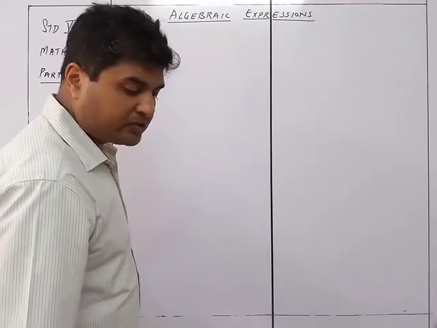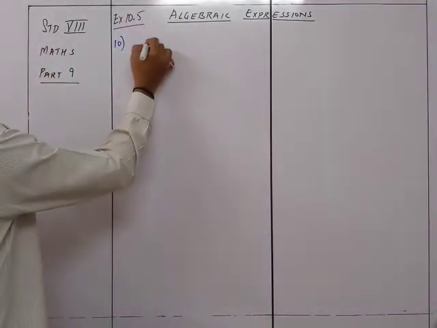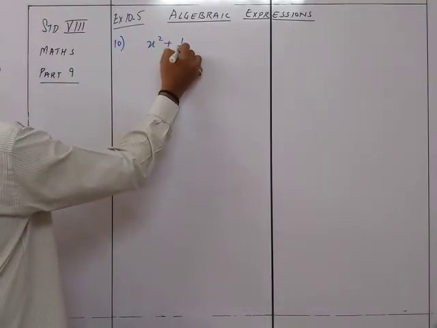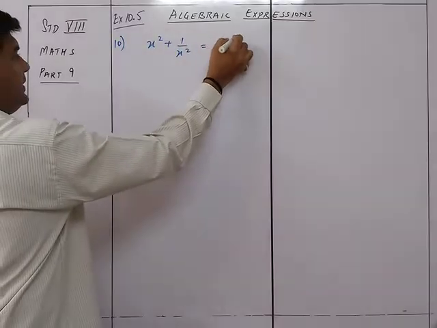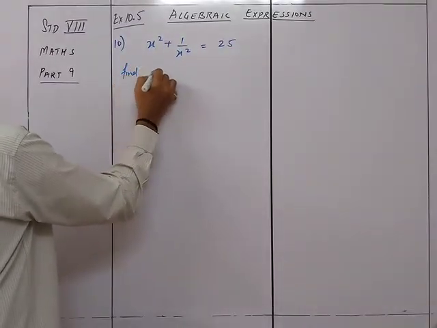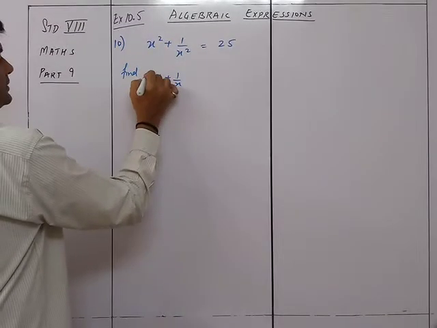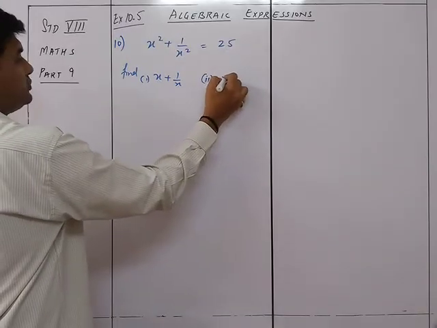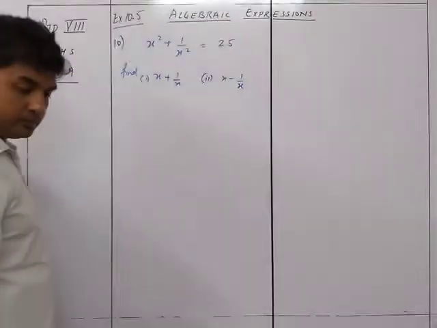It is given that x square plus 1 upon x square is equal to 23. Find x plus 1 upon x and second is x minus 1 upon x.